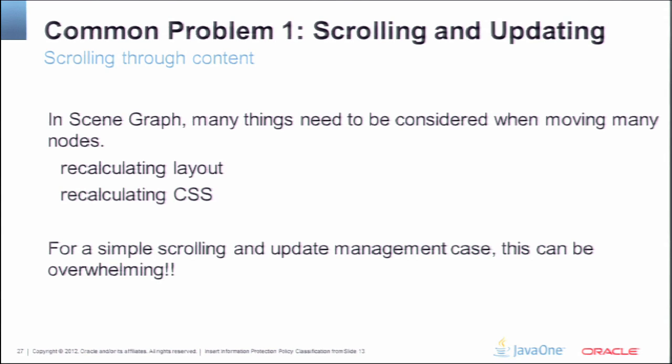Yes. So in the scene graph, you've obviously constructed a whole bunch of nodes that are representing what you want to render. And if you want to make a change to them, such as to scroll, then that can invalidate all sorts of information we've cached about those nodes. Or you just want to change the layout of one part of it. There's a tremendous amount of work that has gone into optimizing how the changes of bounds propagate to parent groups and to sibling groups and affect the layout.